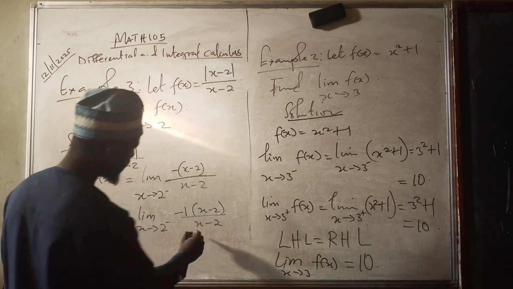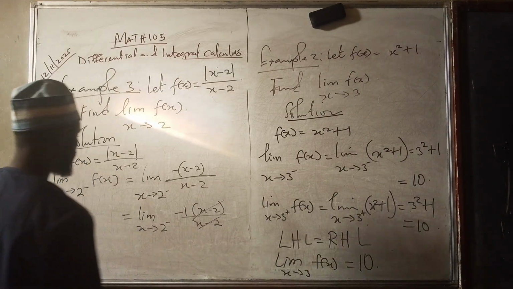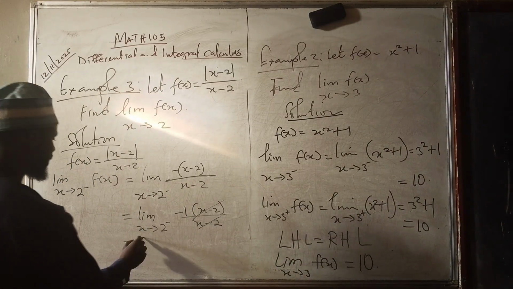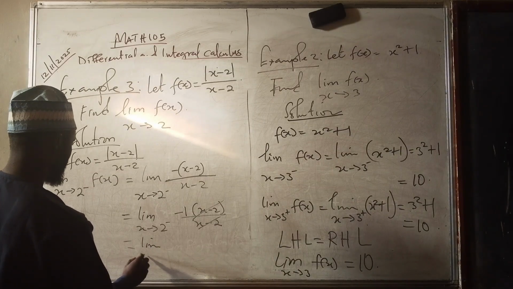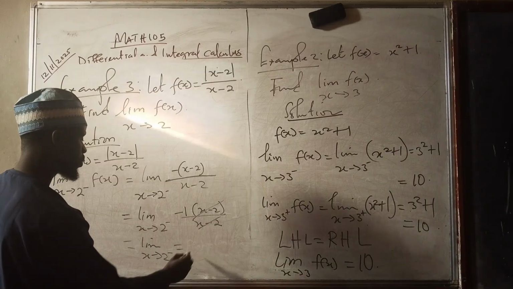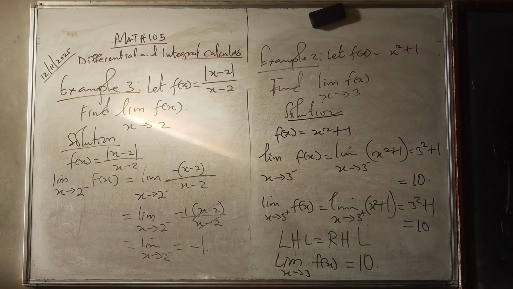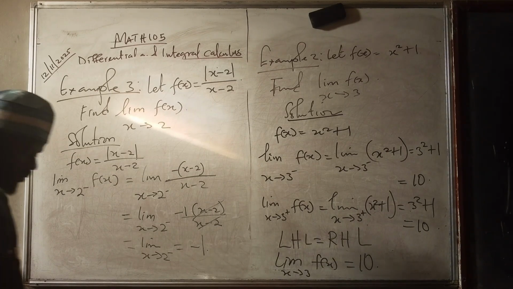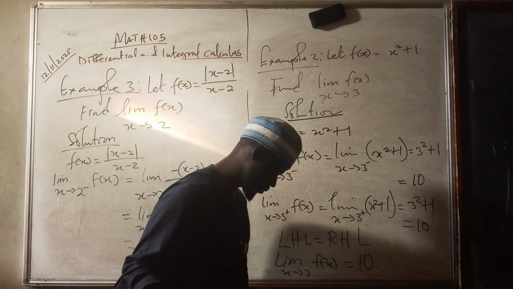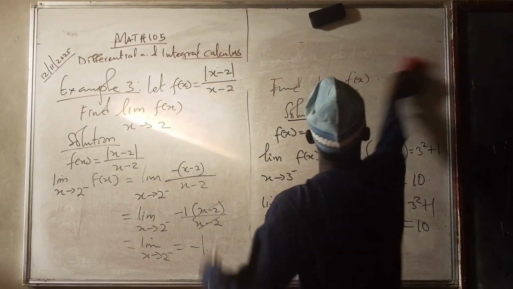So the x minus 2 up and down will cancel, and what you have is that the limit as x tends to 2 from the left is equal to minus 1. So the left-hand limit is minus 1.